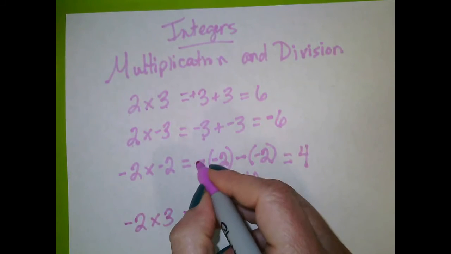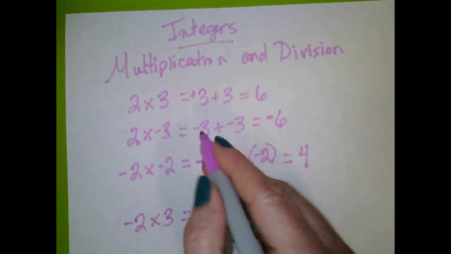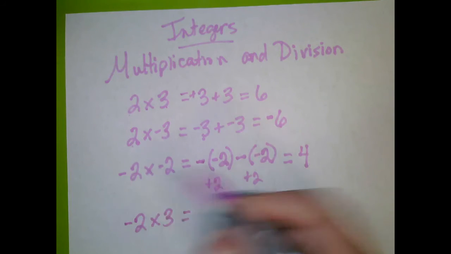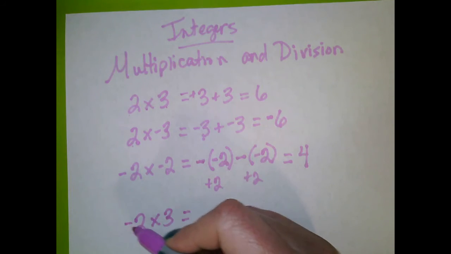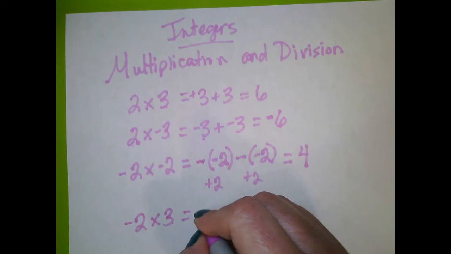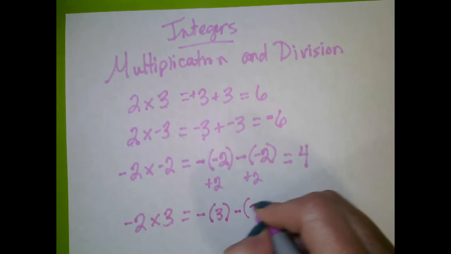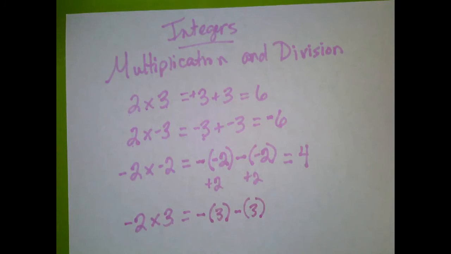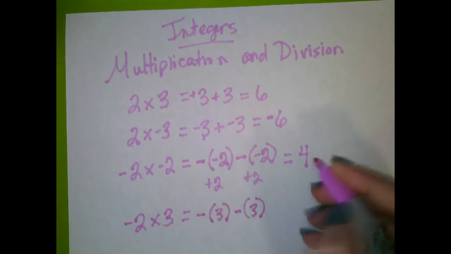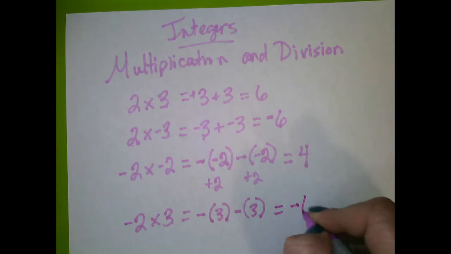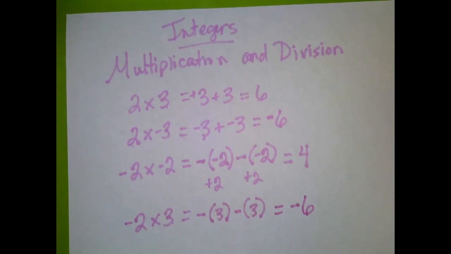Well, remember, this part right here is basically what we're doing. We are taking away two groups of 3. So negative 3 minus 3 is negative 6. Bam.